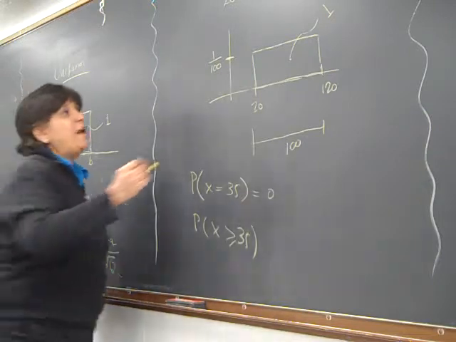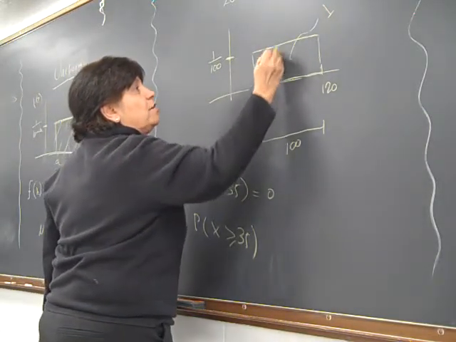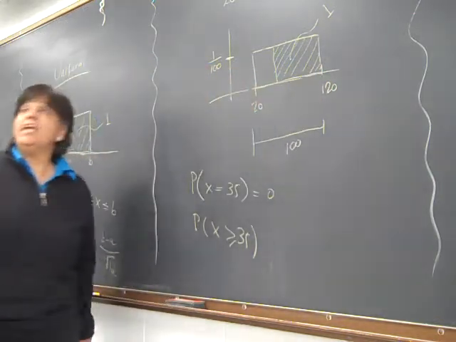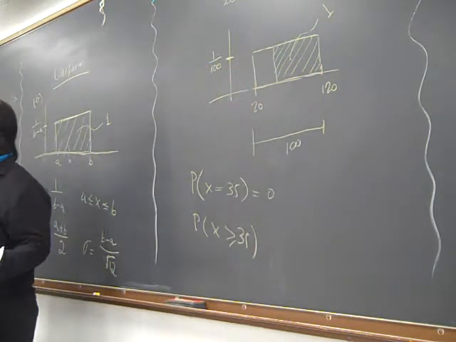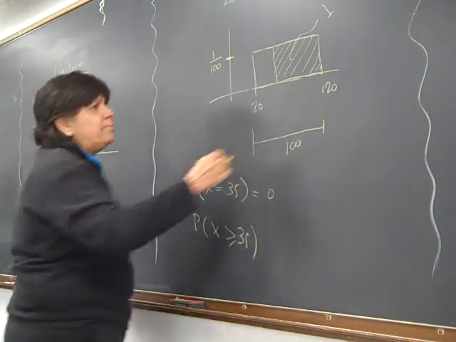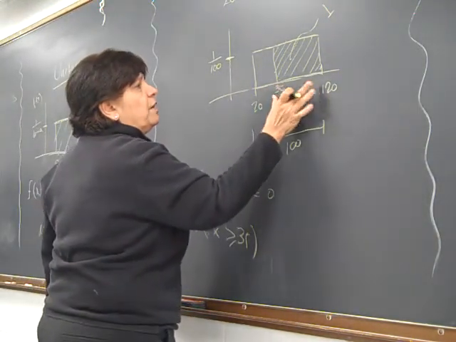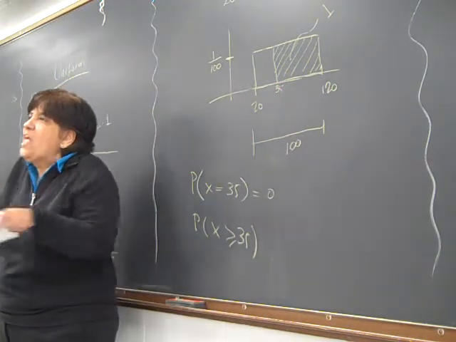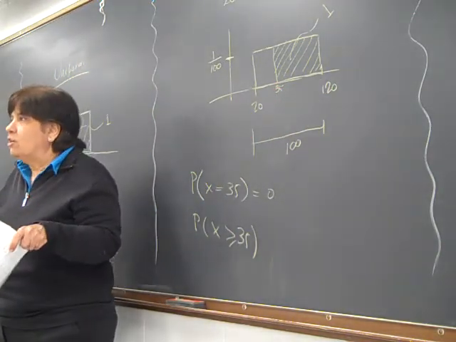Okay, so 35 is right here, and I'm looking for this probability. Remember, probabilities are measured in areas. So we have to know the width of the rectangle.